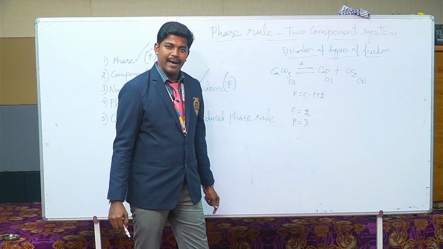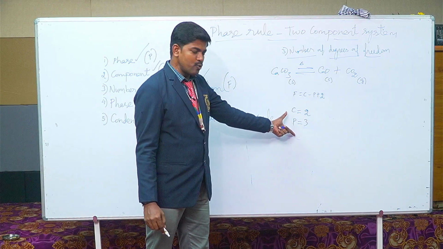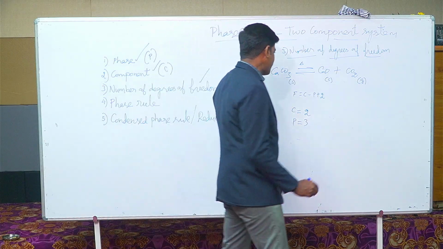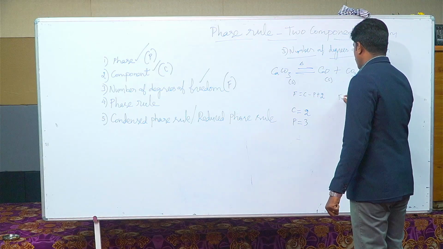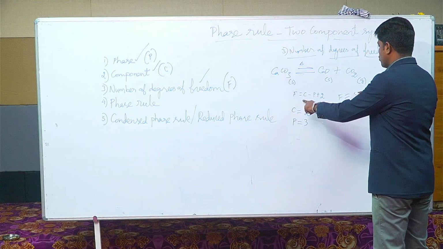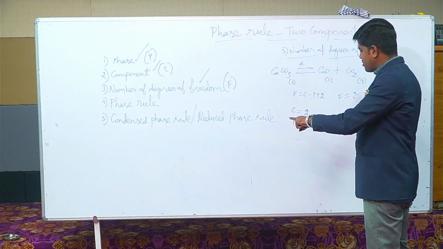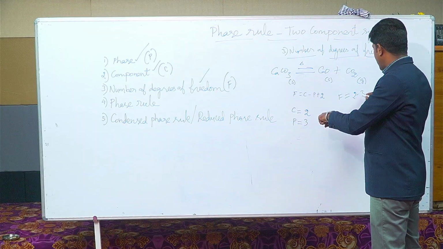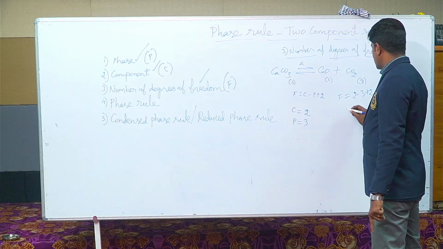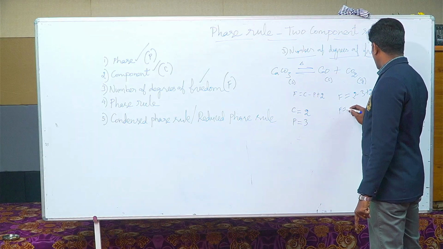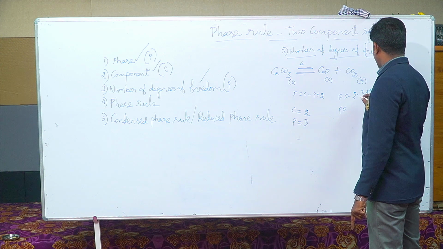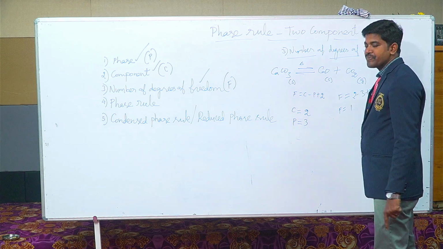Now you need to substitute the values in the phase rule formula. F equals C minus P plus 2: component is 2, phase is 3, and 2. So F equals 2 minus 3 plus 2. What do you get? 4 minus 3, it is 1.